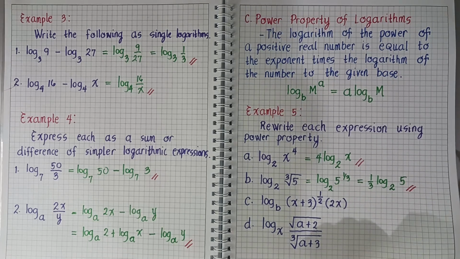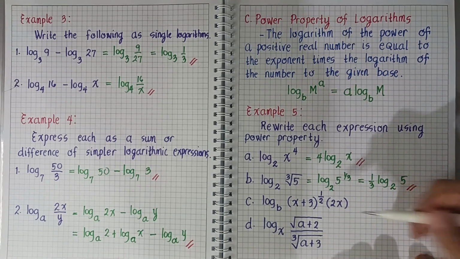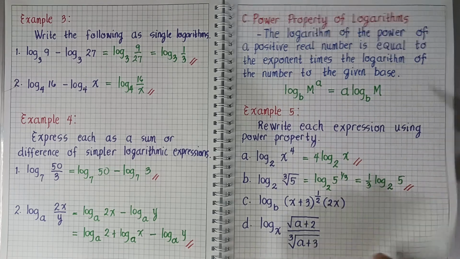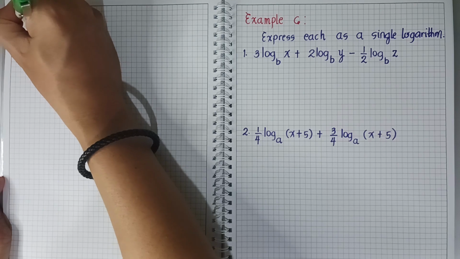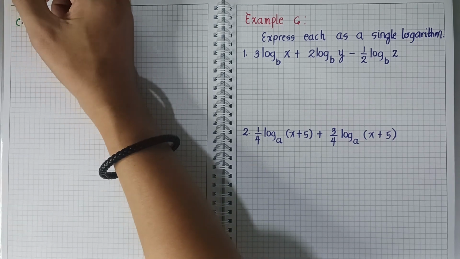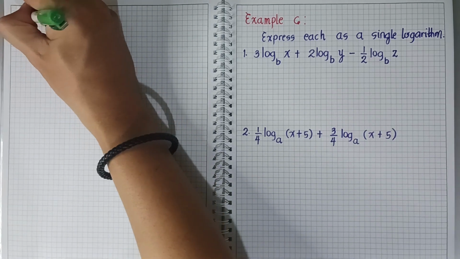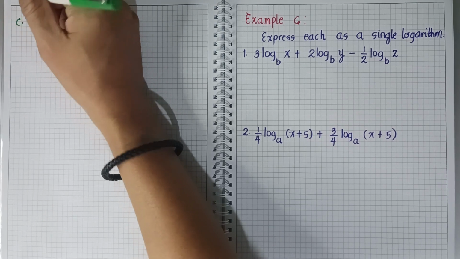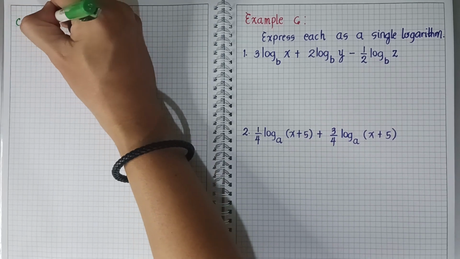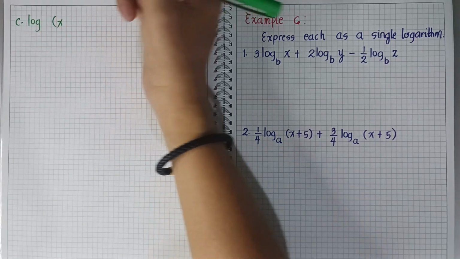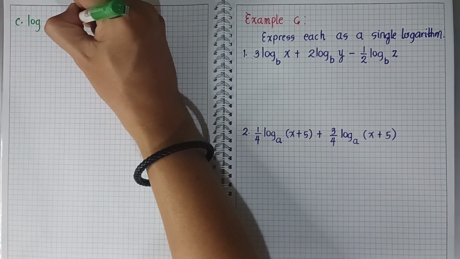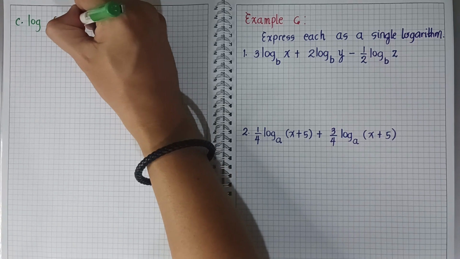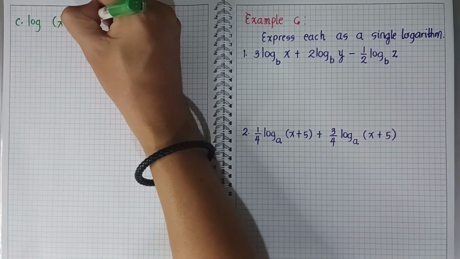Okay. So, let's have the solution for letter C and letter D. Okay, so letter C muna tayo. For letter C, we have the logarithm of quantity x plus 3, right? Raised to 1/2.